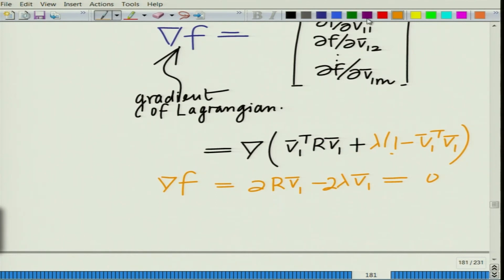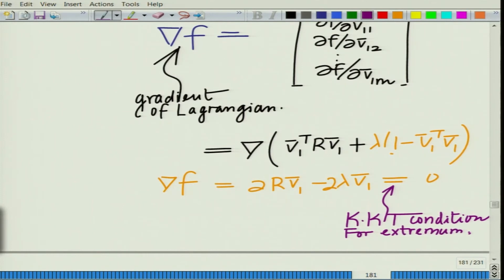So, you set it equal to 0. This is the Karush-Kuhn-Tucker condition, the KKT condition for extremum.